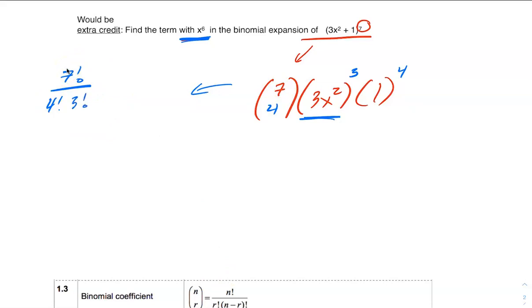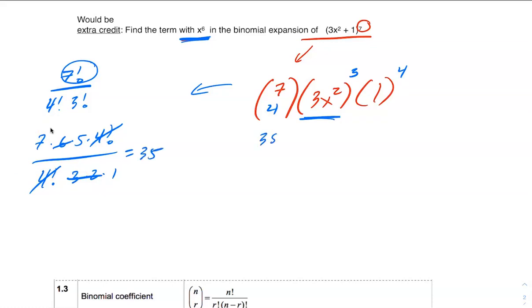If you remember how to simplify factorials, you break up the top number, so it'll be 7 times 6 times 5 times 4. You stop once you get to the highest number on the bottom, which is 4 in this case. So you always keep that the same. And then the smaller number you break up. So in this case, 3 is smaller, so 3 times 2 times 1. 4's cancel. 3 times 2 is the same thing as 6. So those cancel. Left with 7 times 5, which is 35.